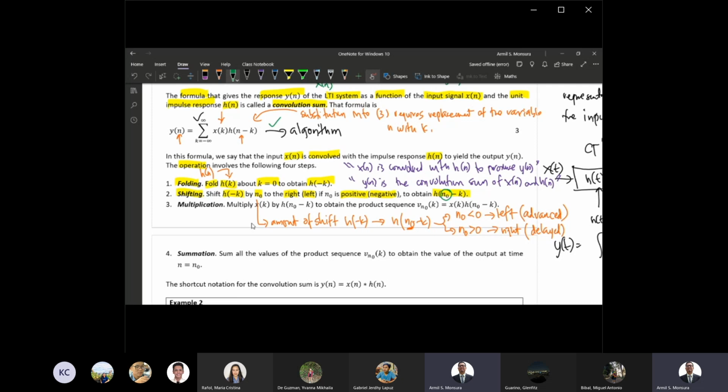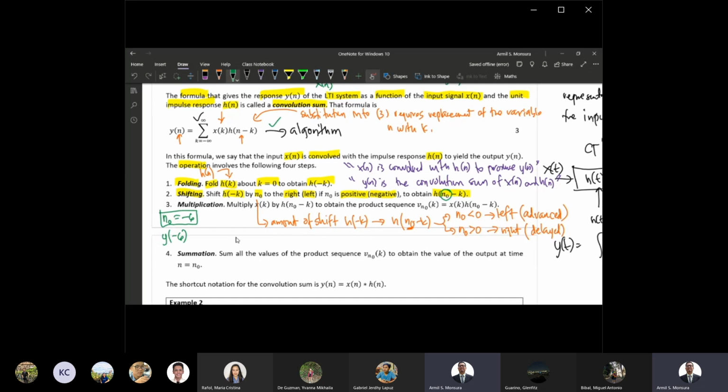For example, if your n0 is, say, -6, you're actually computing for the value of y when n is equal to -6. This is the sample value we are computing. So that's the role that n0 plays here.